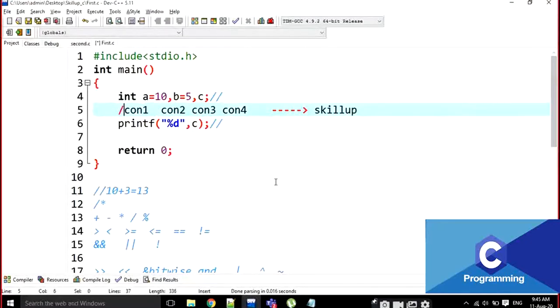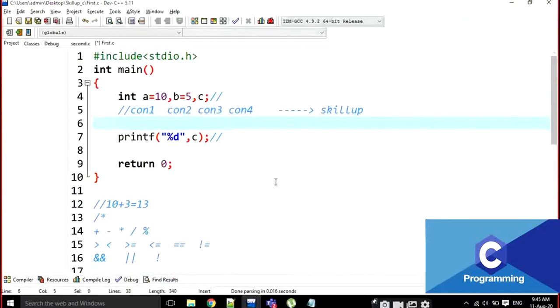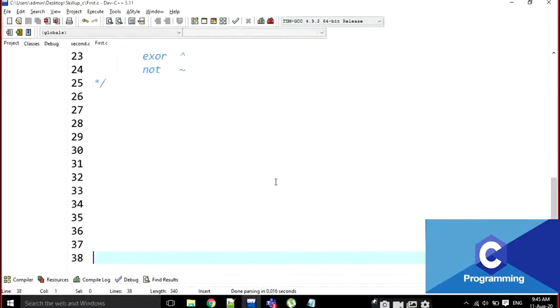What is logical and? Logical and means we have to satisfy all the conditions, then only it will be true. Do you know the logical and gate? Students, do you know the logical and gate? The truth table I am writing here.